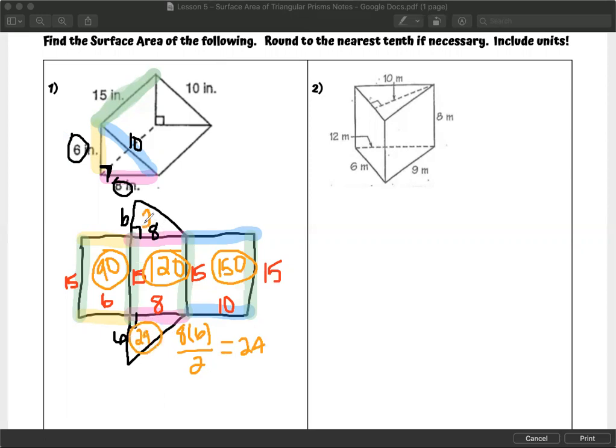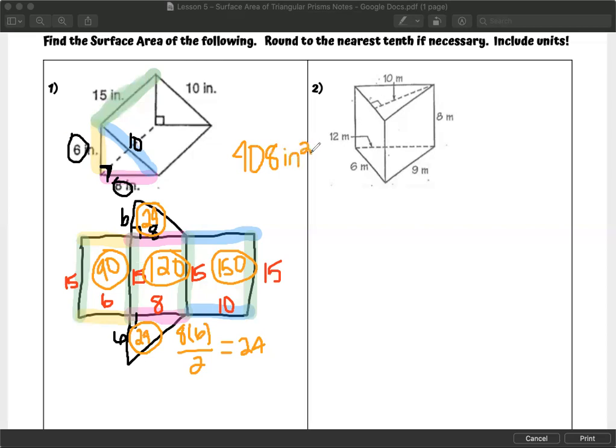And this triangle is 24. So now that we have all of those measures, we are just going to add them up. 90 plus 120 plus 150 plus 24 plus 24 is 408 inches squared.